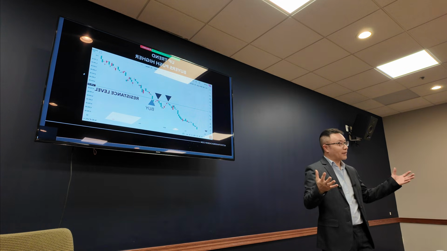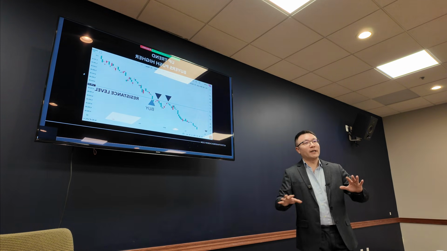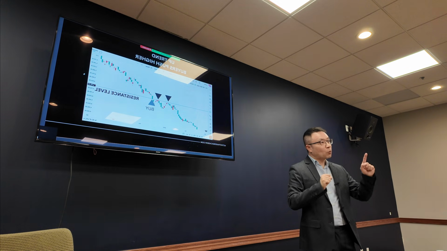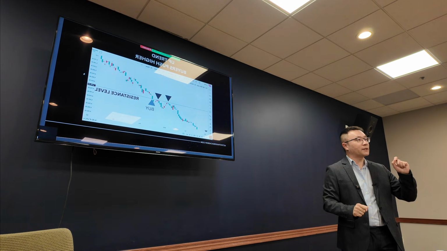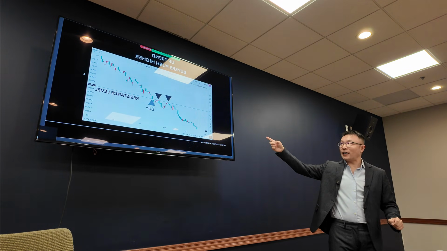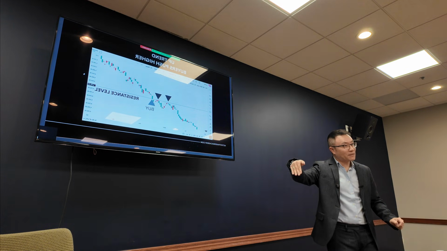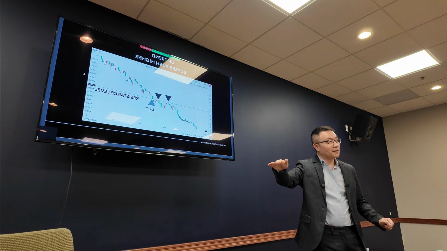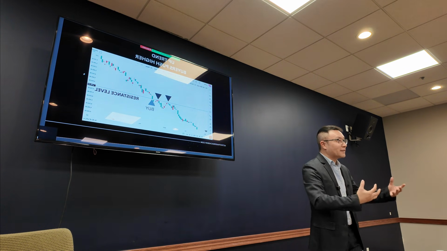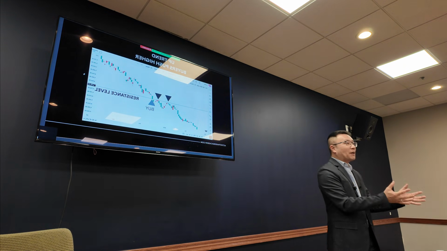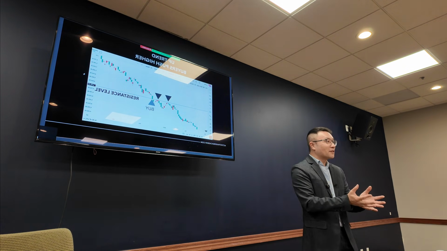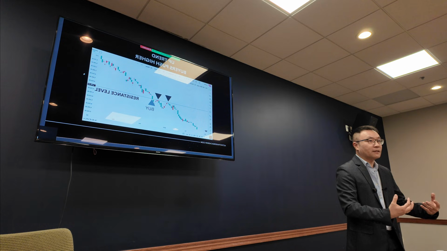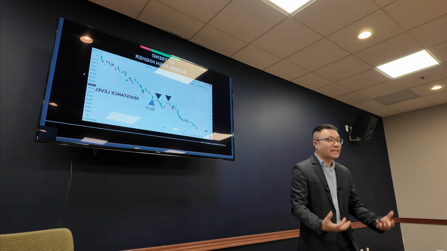So again, very simple, okay? Now you may think, okay, it's going to hit that level, probably sellers are going to come in, et cetera. But one key aspect that technical analysis will tell you from this chart is that every time it dips down, it is higher than the previous low. What does that tell you? People want to get in, right? Because every time it drops, it doesn't drop as low as the previous low. So that means there is an appetite for people to be able to get in.